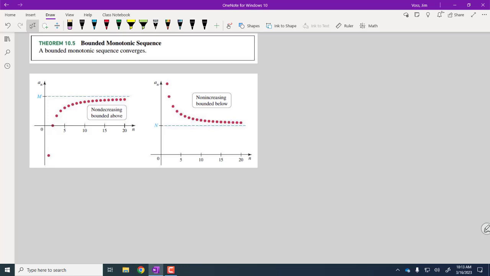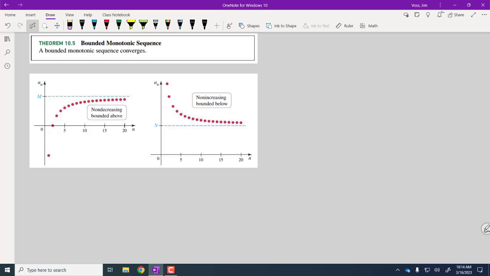Non-decreasing, bounded below. So non-decreasing, bounded above. Well, below would not have a limit, right? When we say a limit, we mean a limit at infinity. So as we are going to infinity, this is increasing, so it's bounded above, so it's got a limit that's one of the upper bounds.